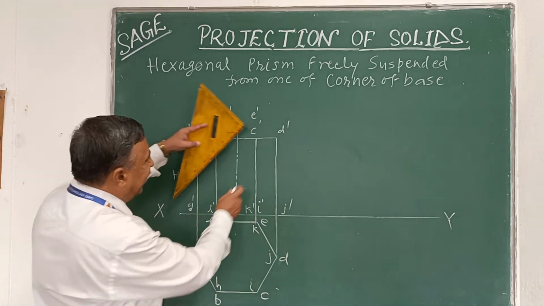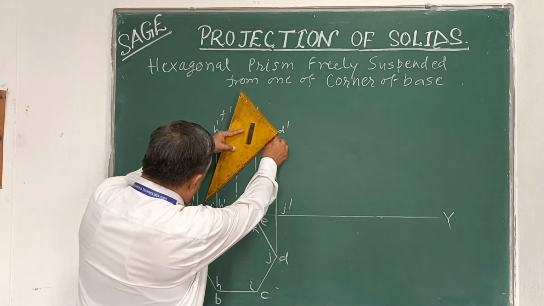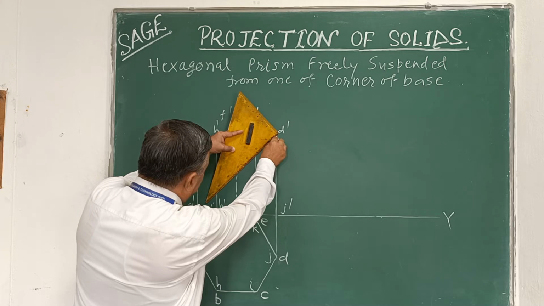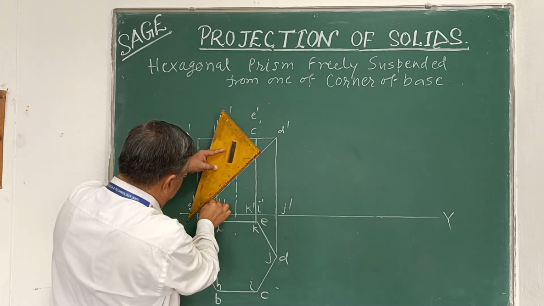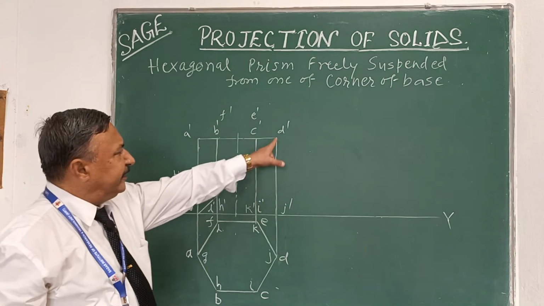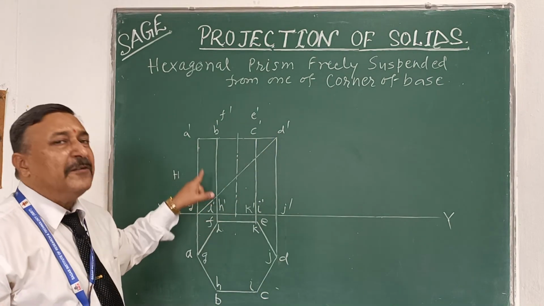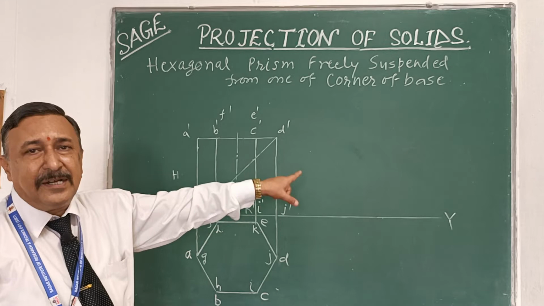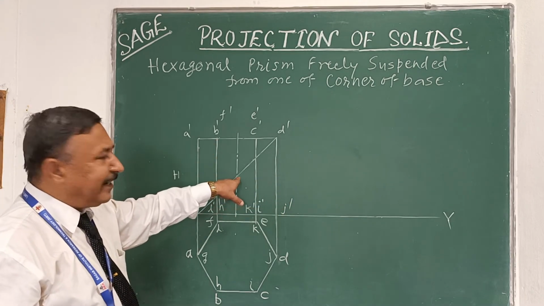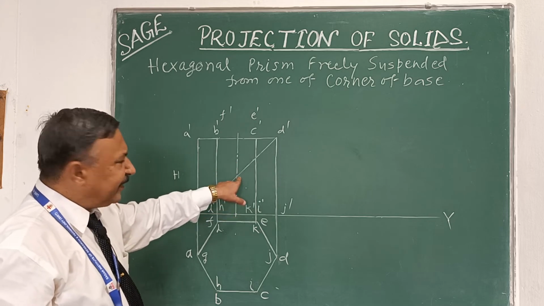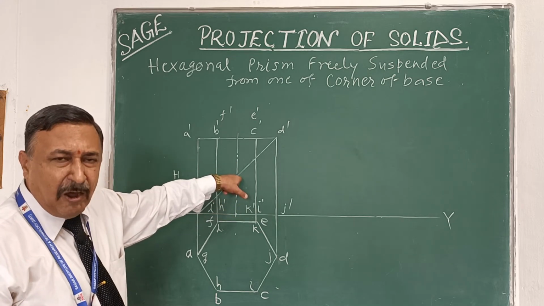So this line should be vertical in the freely suspended position. This line is vertical when it is freely suspended. So this is exactly at the center; here is the CG of the prism.